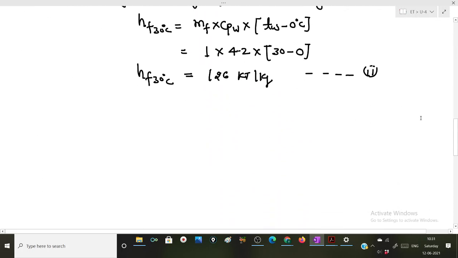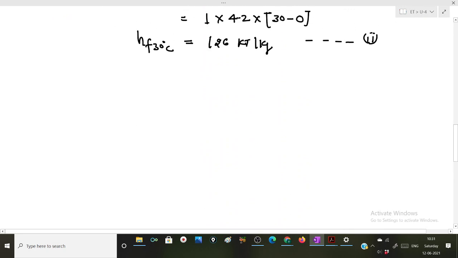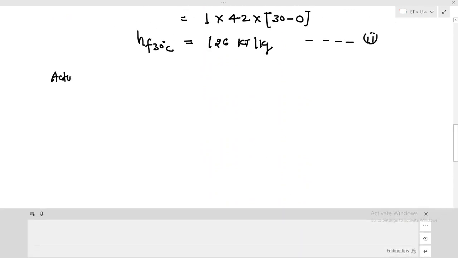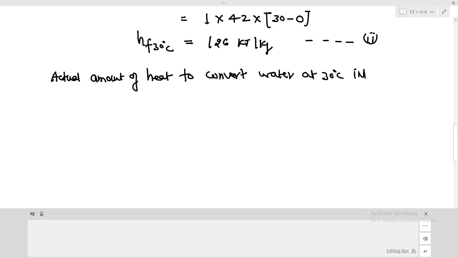Okay, so I can write here: actual amount of heat to convert water at 30 degrees Celsius into superheated steam at 250 degrees Celsius.